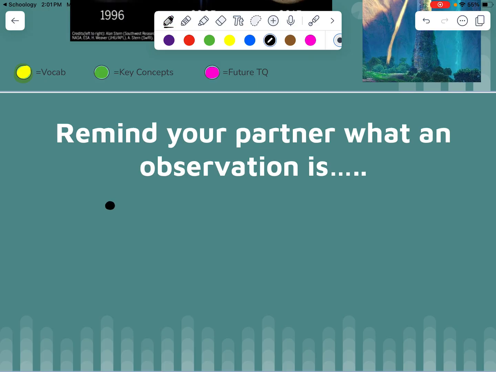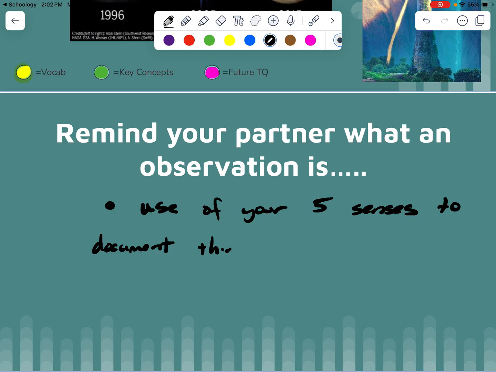So an observation is the use of your 5 senses to document things that are observable.